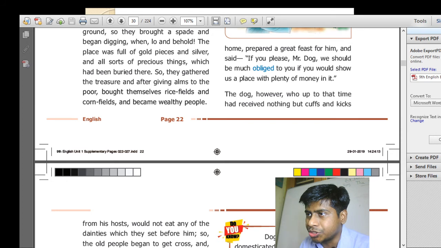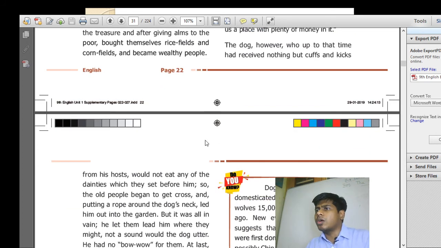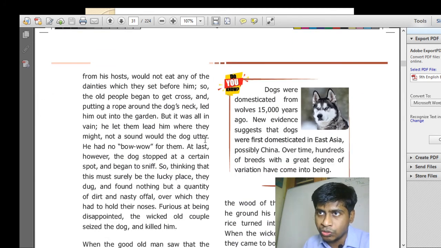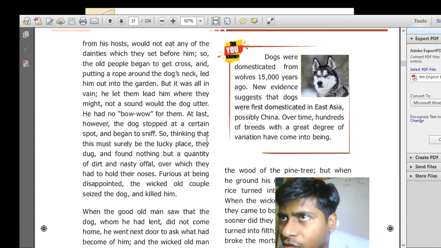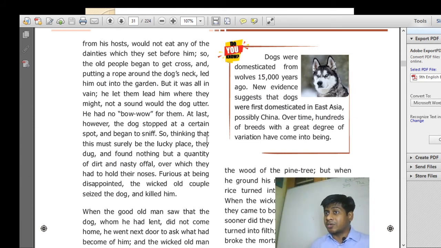Okay, now continuing with the lesson. The dog, however, who up to that time had received nothing but cuffs and kicks from his host, would not eat any of the dainties which they set before him. So the old people began to get cross, and putting a rope around the dog's neck, led him out into the garden, but it was all in vain. He let them lead him where they might, not a sound would the dog utter.